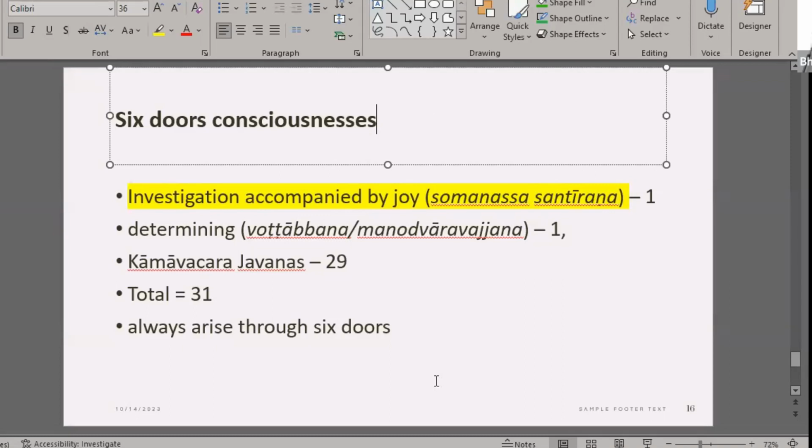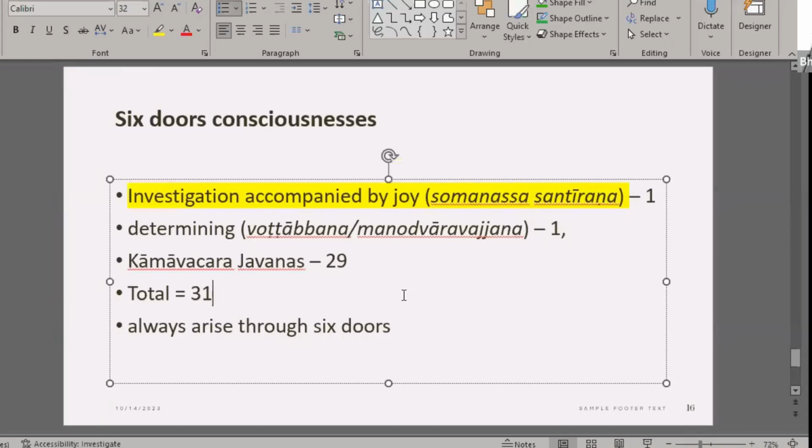But Somanassa Santirana does not perform the Patisandhi function. It performs the Santirana function for the 5 door, and the Tadarammana function in either the 5 door or the 6 door, the mind door.